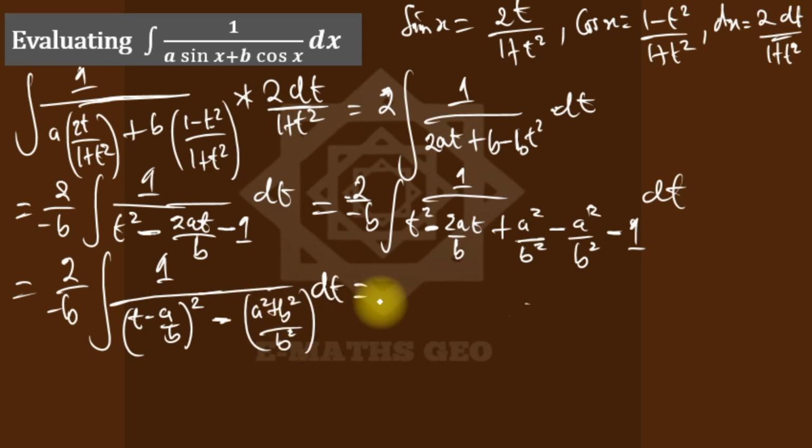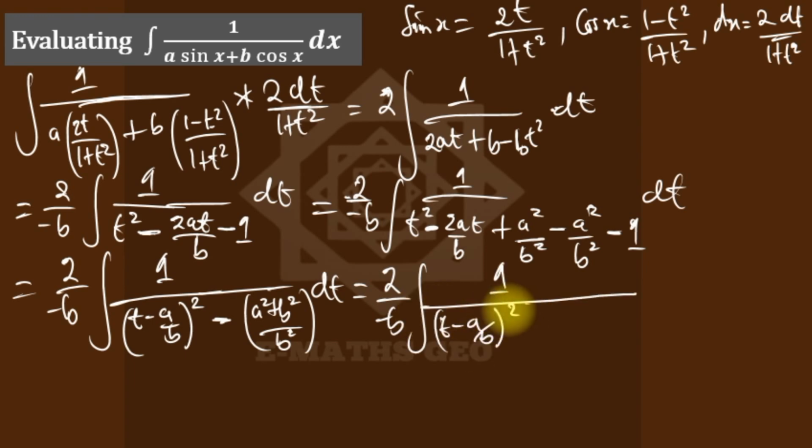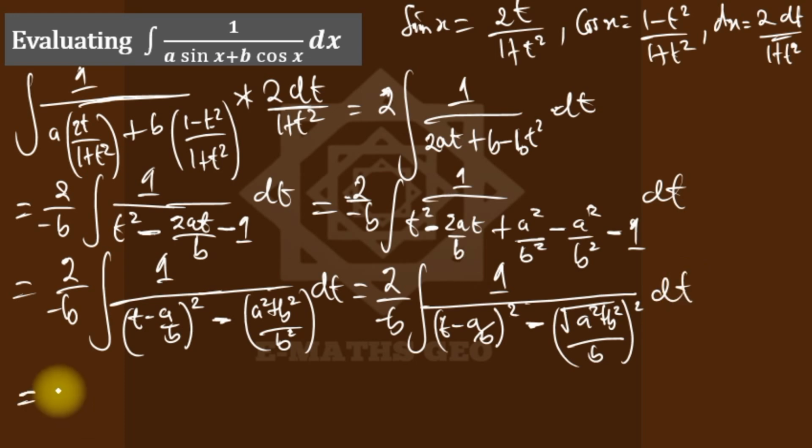dt. So we can still write it as 2 over minus b, the integral of 1 over t minus a over b all squared, and we want to write this as a square, which is now the square root of a squared plus b squared over b, all squared, dt. So we are still correct.